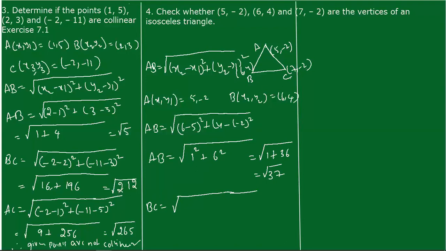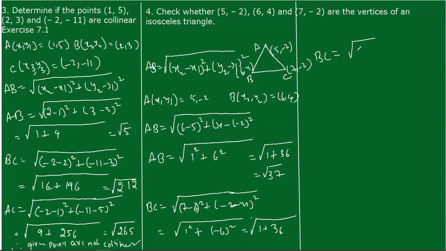X2 minus x1 means 7 minus 6, whole square, and y2 minus y1 means minus 2 minus 4, it is minus 6, so minus 6 whole square. 1 plus 36 is 37, so BC is also root 37.